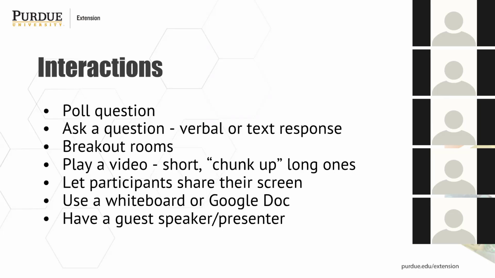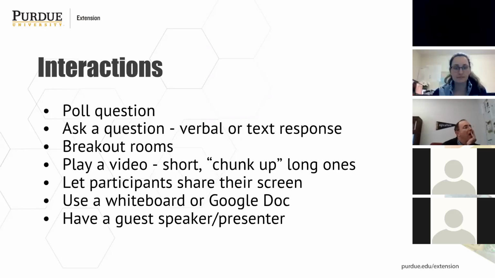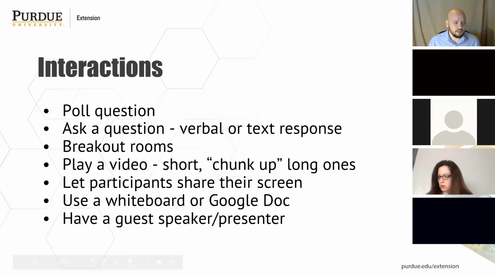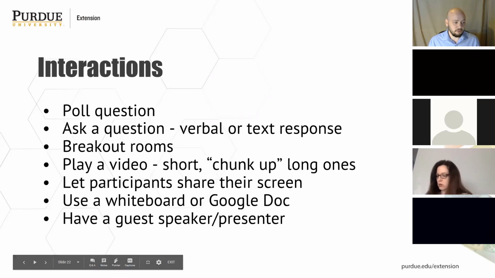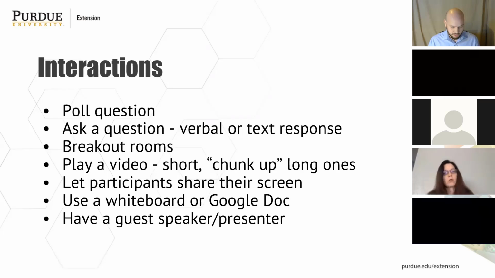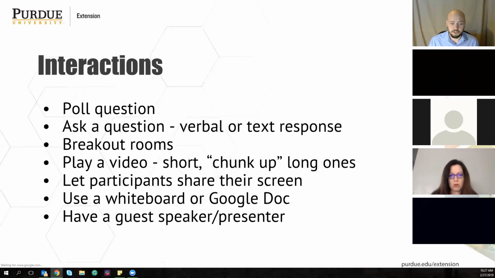There's another thing you can do. I've done this before on webinars: if you have a small group and you want to do some brainstorming, you can share a Google Doc. Let me get my chat open here. So I'll drop a Google Doc in here. If you want to join, you can do that. If you want people to brainstorm and share ideas, you can do a collaborative Google Doc so everyone can join in.